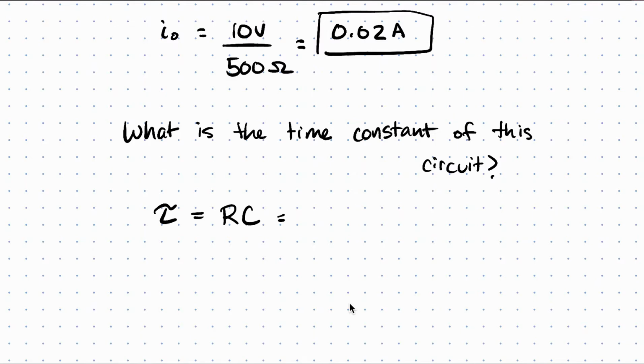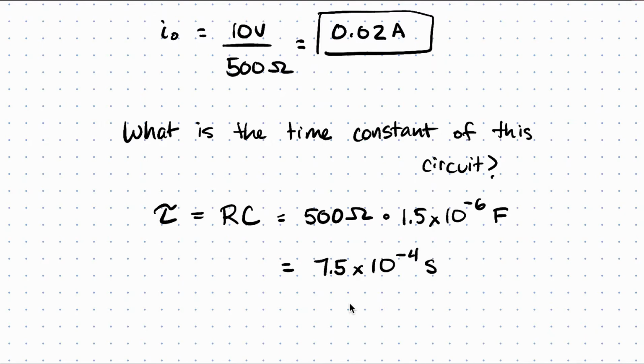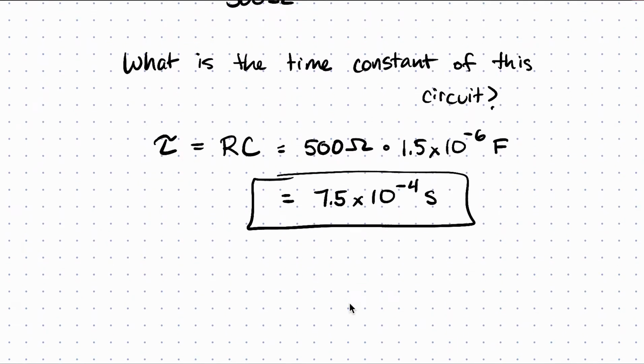So that's going to be 500 ohms times 1.5 microfarads, or 1.5 times 10 to the minus 6 farads. And that is going to yield a very small time constant, 7.5 times 10 to the minus 4 seconds. And it really is a unit of time.